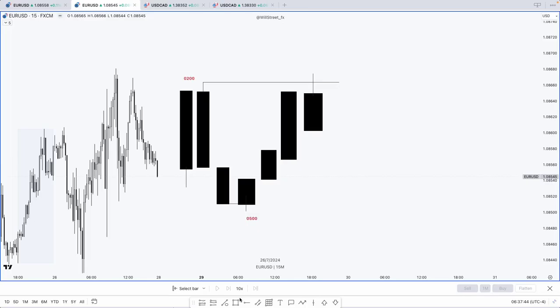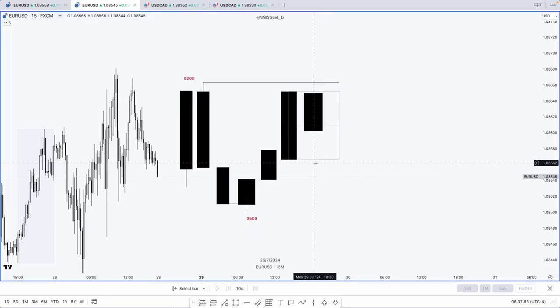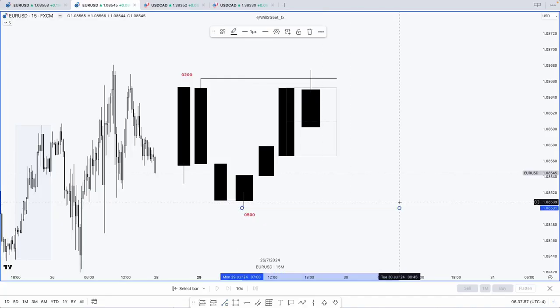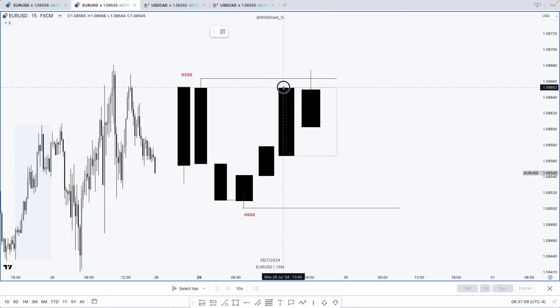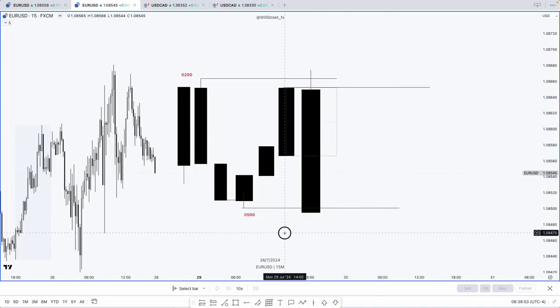And look at this. We have now this range here. So this will be our bias, and maybe in lower time frame we have another range here. And this will be our dragon liquidity.